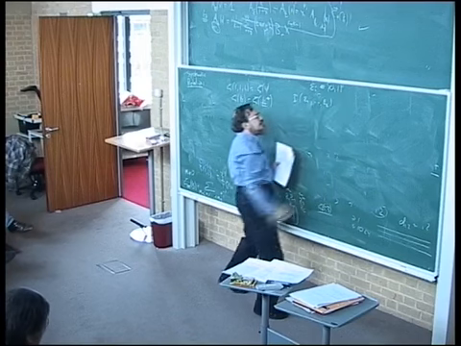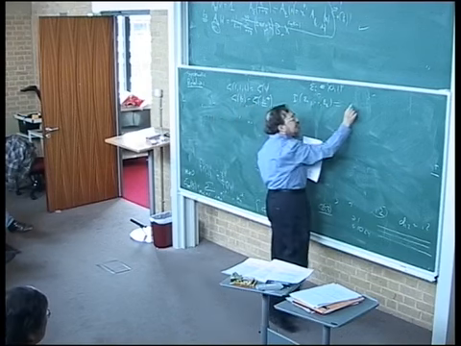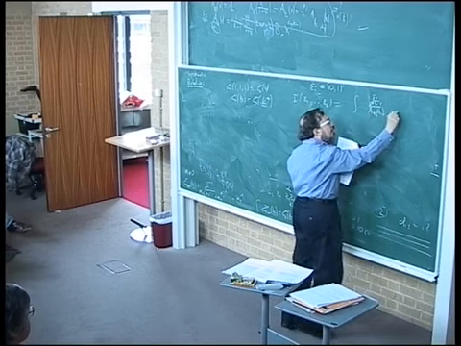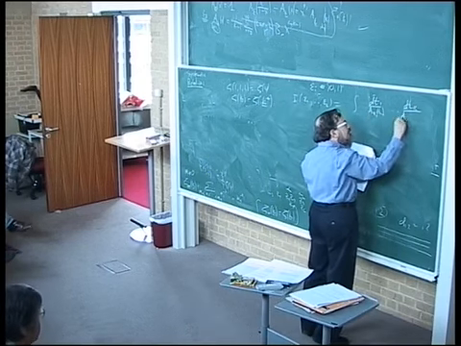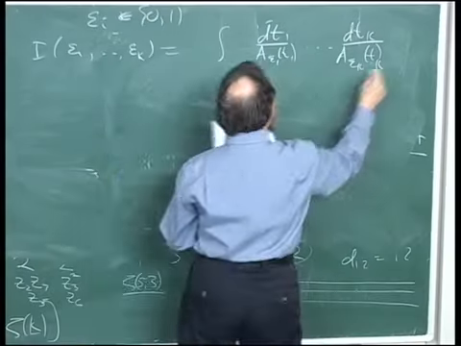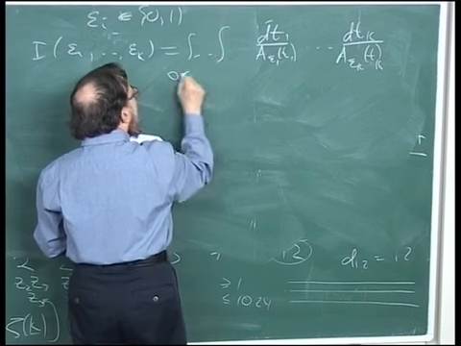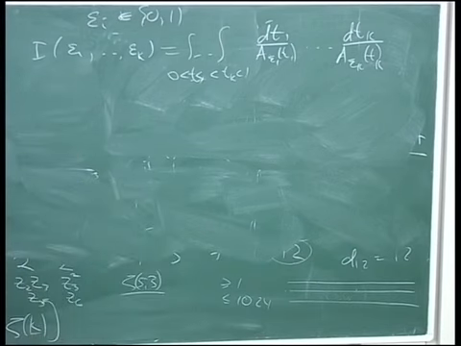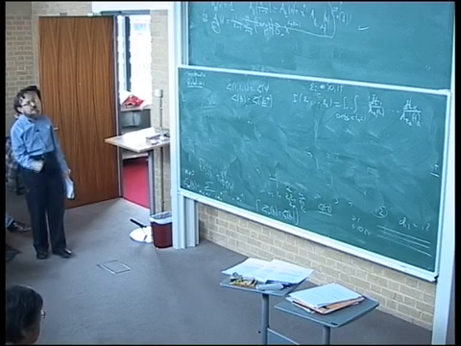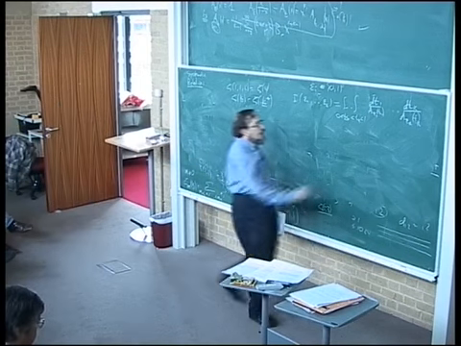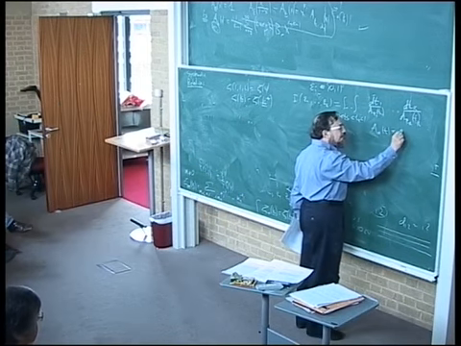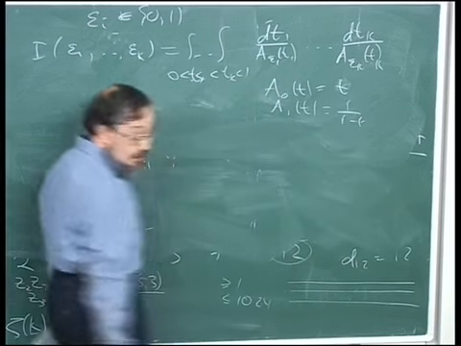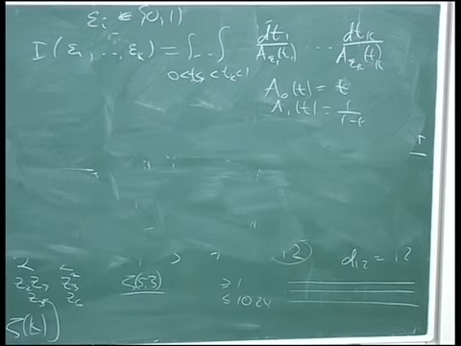If each epsilon i is either 0 or 1, then we define an integral over increasing sequences t1 less than t2 less than ... less than tk between 0 and 1, where a0 of t is simply dt over t, and a1 of t is simply dt over 1 minus t. So you successively integrate either dt over t or dt over 1 minus t. These are the famous iterated integrals. I know you've all seen them.